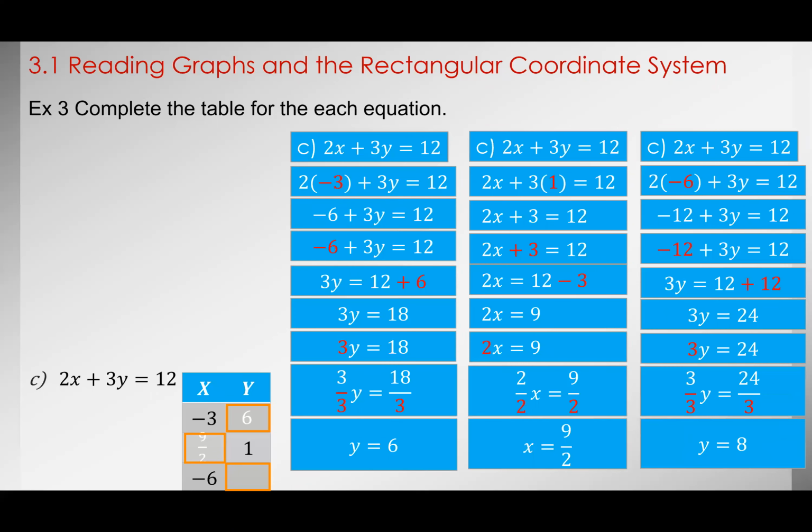And again, hopefully you guys have this as your answer: -3, 6; 9 over 2, 1; and -6, 8. So hopefully all of you have filled in this table, because we did a harder problem than this. We solved another equation that is harder than this, and we were able to solve it.